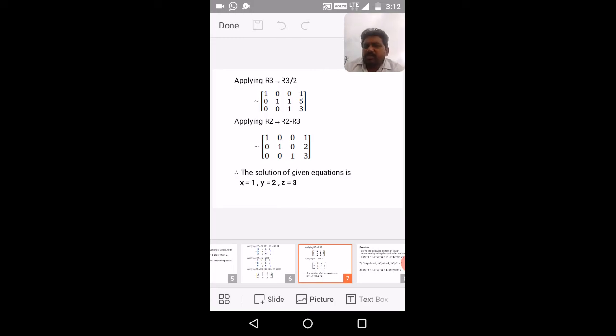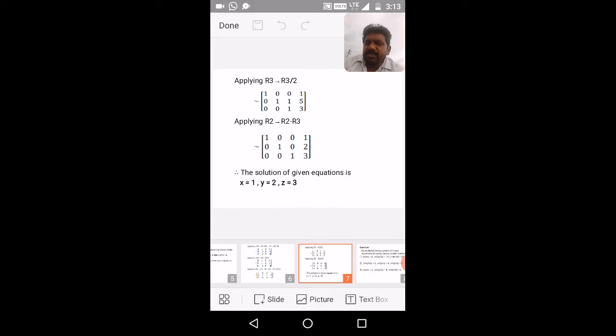Okay, so next the only thing we have to change is the third element of the second row. It is 1 but it should be 0. You can easily observe that the third element of the second row and the third element of the third row are the same.